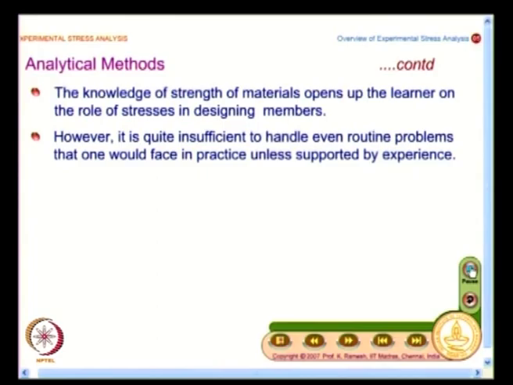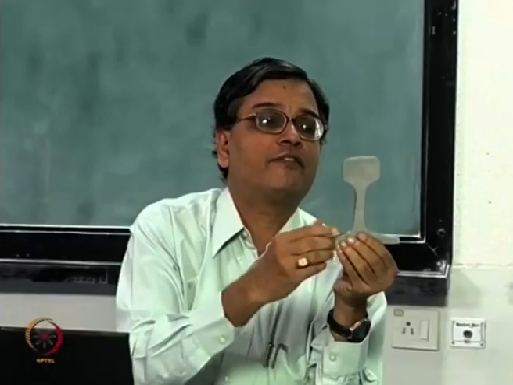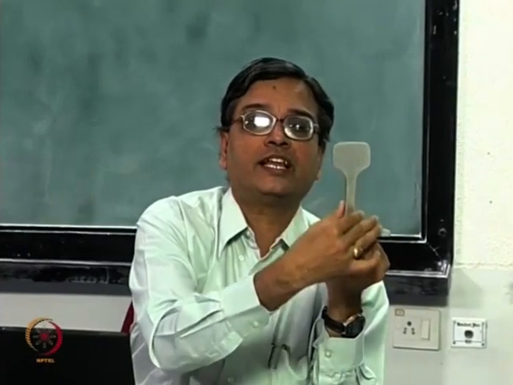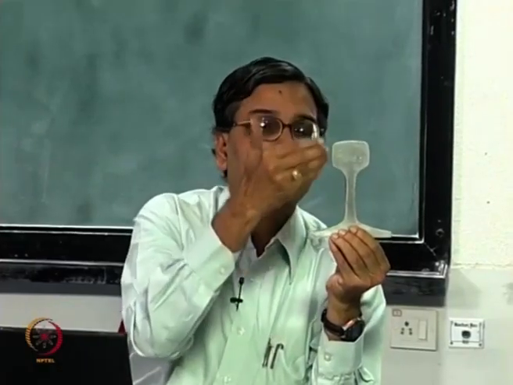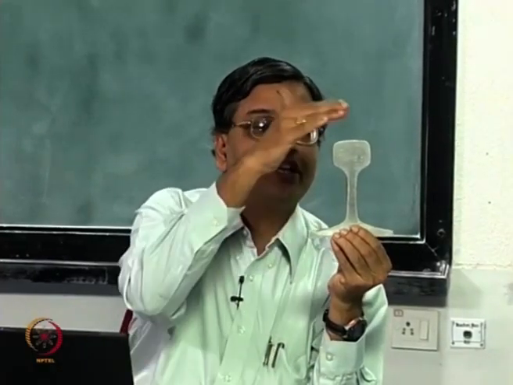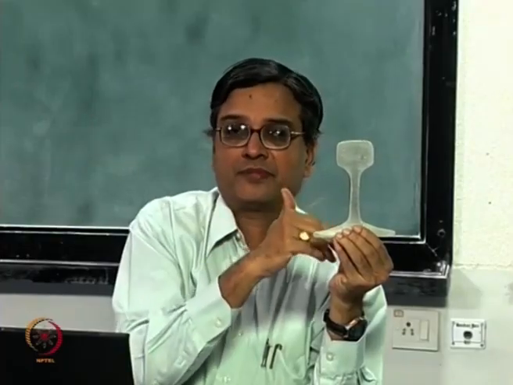So what you find here is the knowledge of strength of materials opens up the learner on the role of stresses in designing members, like I have shown you that you have the rail where you have removed the material from the central portion because it takes the load only on the top and bottom fiber maximum. Whether you have understood or nature also has understood solid mechanics.